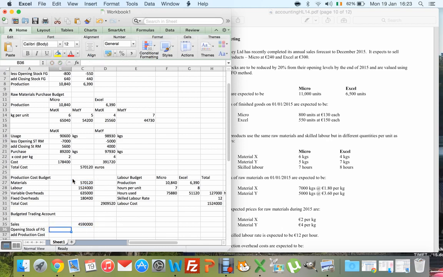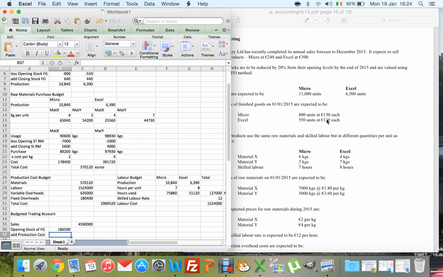So my opening stock of finished goods is these two numbers multiplied together. So 800 units times 130 each, and then we add 550 units times 150 each.